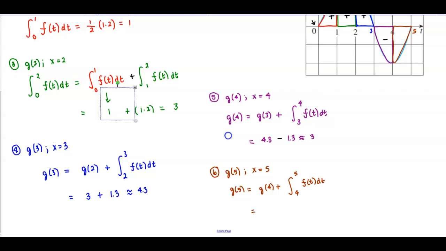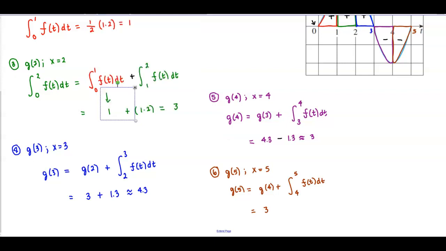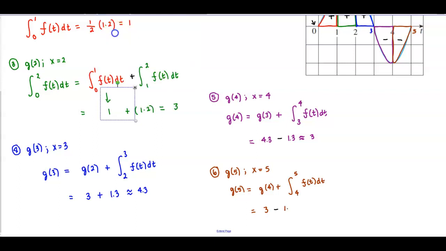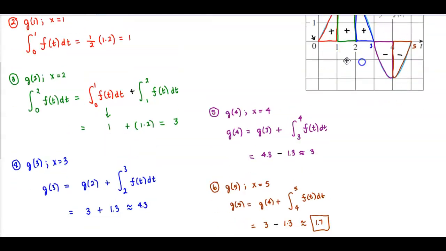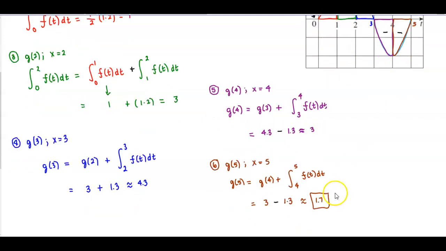We know that g of 4 from step 5 is 3. And since this is underneath the x-axis, we subtract the estimate on that, which is 1.3. So we end up getting approximately 1.7.